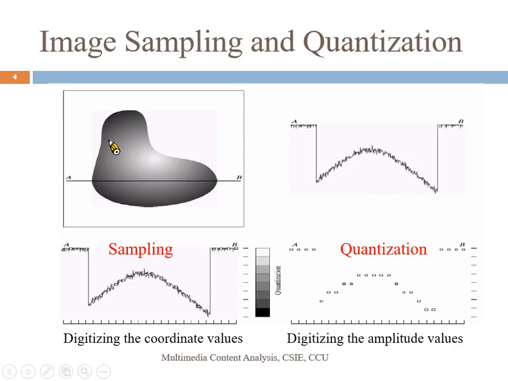So we can see that, assume there is a continuous object here, and if we just focus on this row, we can expect that, okay, first this is white, so high intensity value will be obtained.